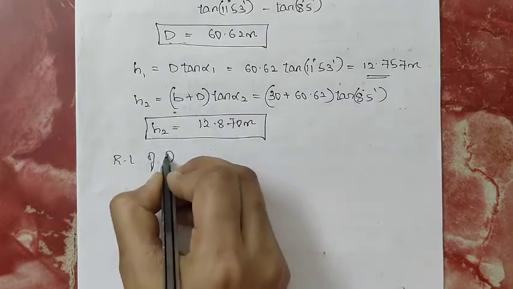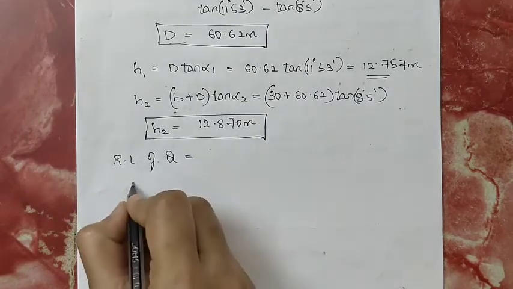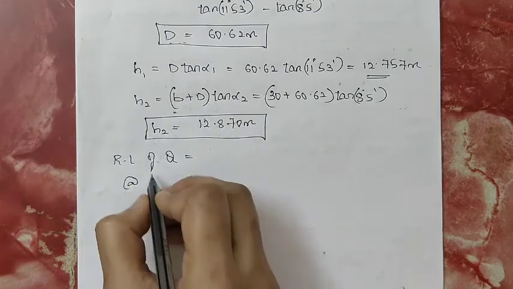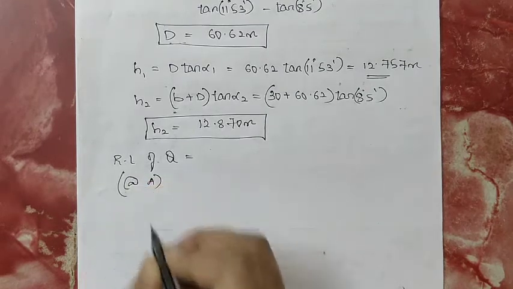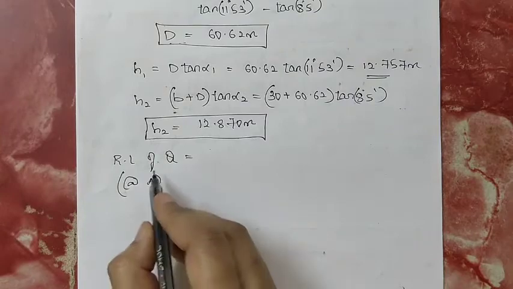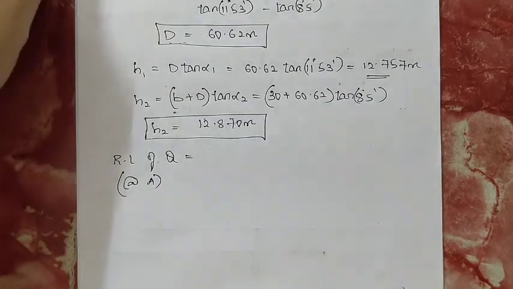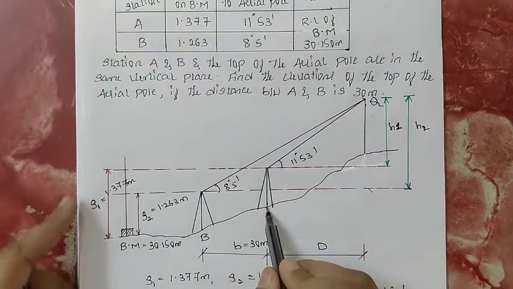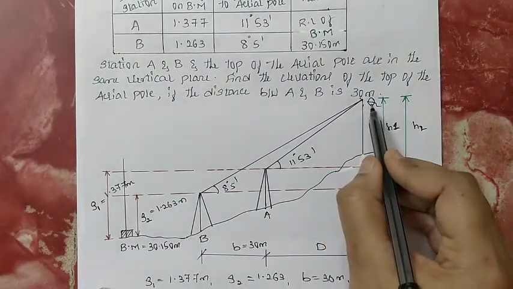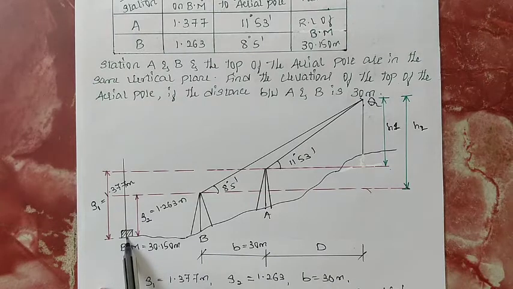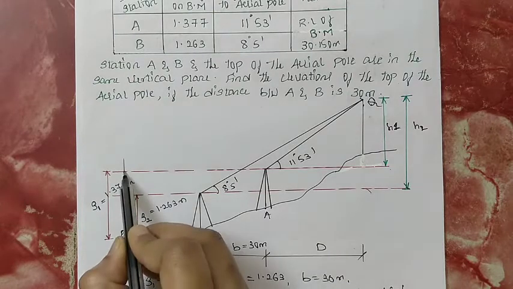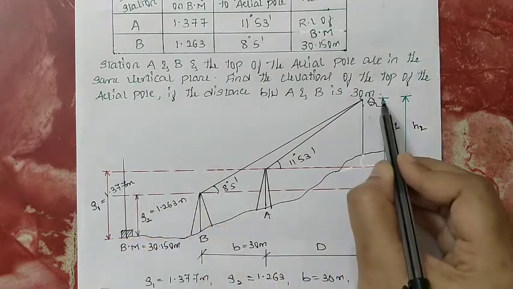RL of Q, by taking when the instrument is at A. When the instrument is at A, RL of Q is given by, you can observe here, you need to calculate RL of this Q. That is RL of benchmark plus S1 plus H1.